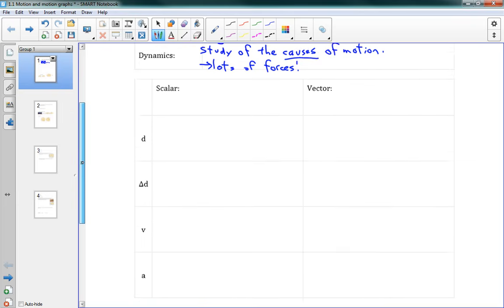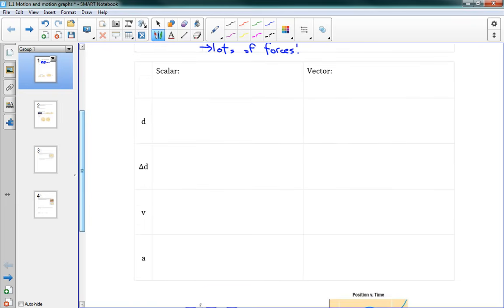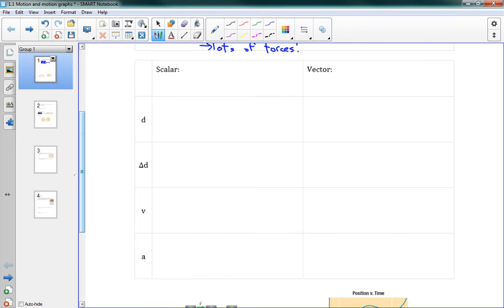Now, in this table below, we've got scalars and vectors, and we've got d, delta d, v, and a. We're just going to fill this out, starting with saying what a scalar is and what a vector is. A scalar has magnitude. Magnitude is just a larger word for size. So it has magnitude, or size, but no direction.